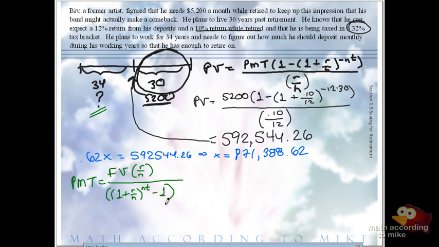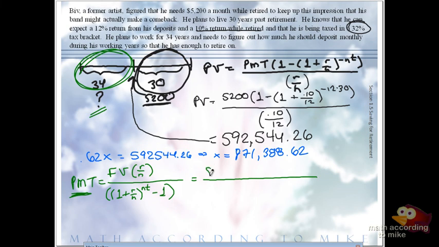At this stage of the game, we're over here now. He knows what he wants to build up to, this $871,000 number. We don't know the payments necessary to get him that value. So this is a sinking fund, where you save up for a future debt. His future debt is going to be taking out money for retirement.